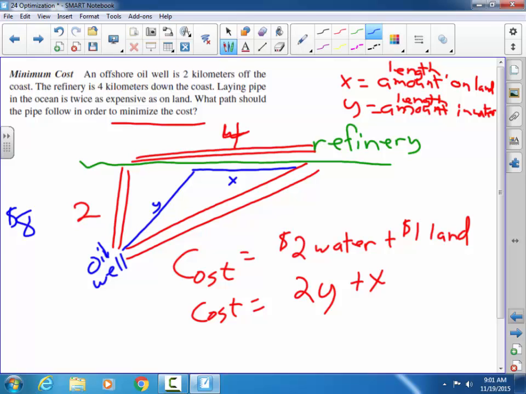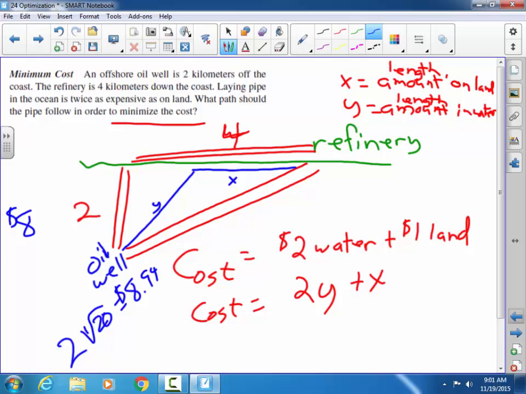So it's the square root of 20, which is approximately 8.94. Wait a minute, no. I'm looking for the distance here. So it's the square root of 20 times 2, because that's the length. So it's 2 root 20, which is $8.94, okay?